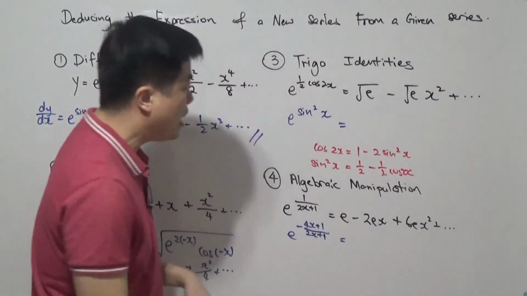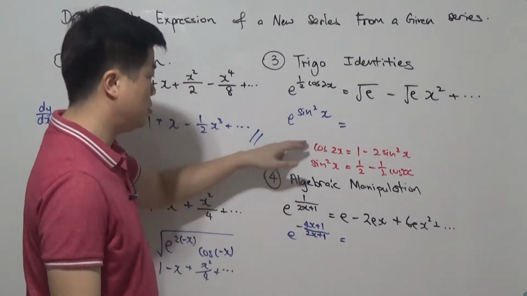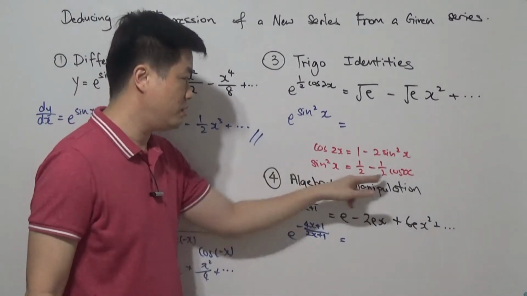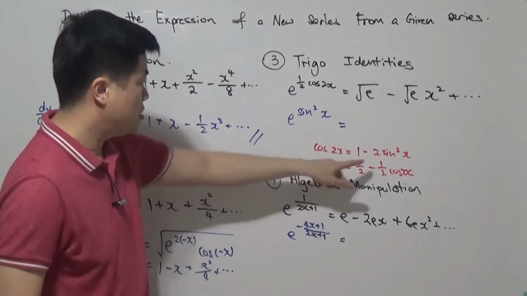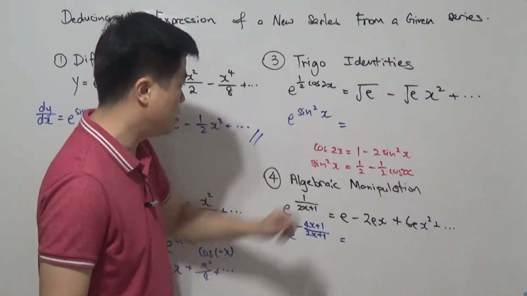If you need time to evaluate this and check that this is correct, just go ahead and do that. So we move this over, move that over, and divide by 2.